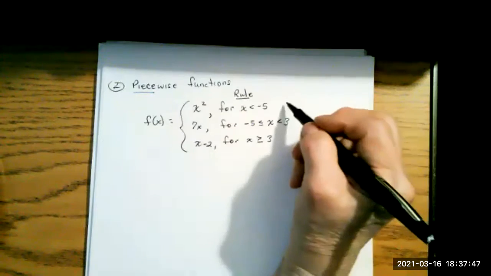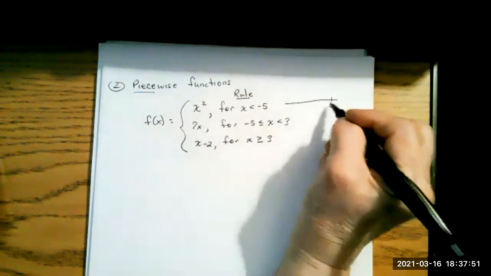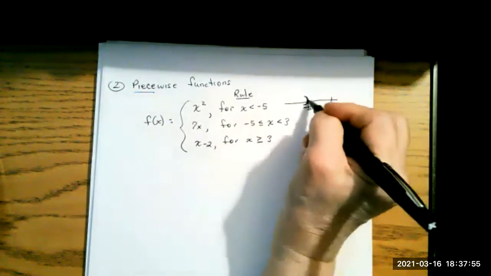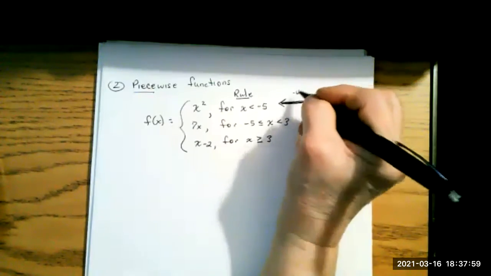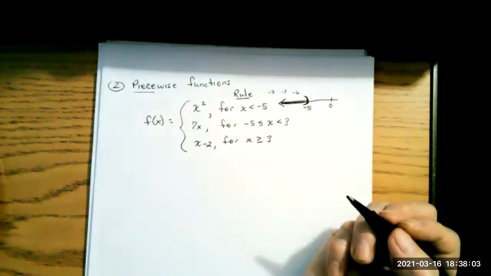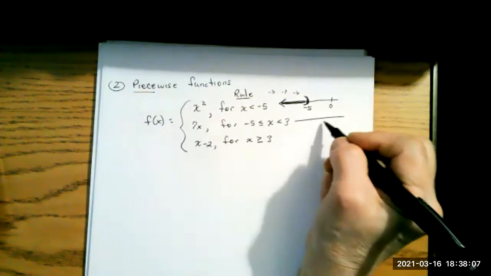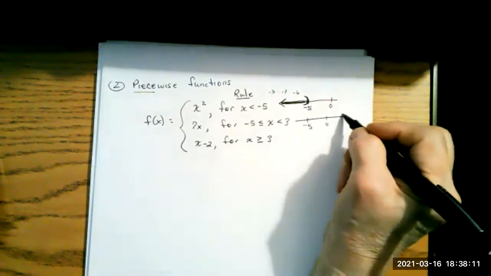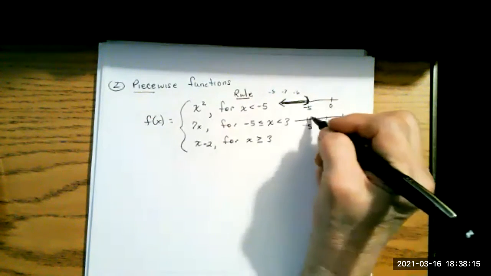And I like to draw a picture over here because sometimes I have trouble remembering where these are. So I just draw a little graph over here and say, okay, those are going to be like -6, -7, -8, and so on. And this little picture is going to be between -5 and 3, and it's going to include the -5.